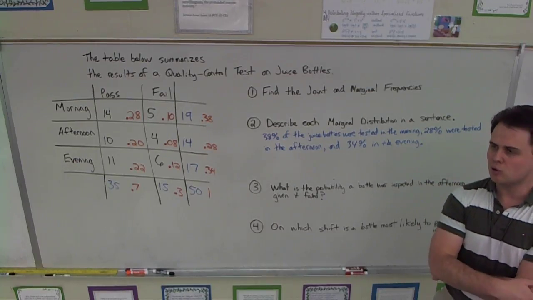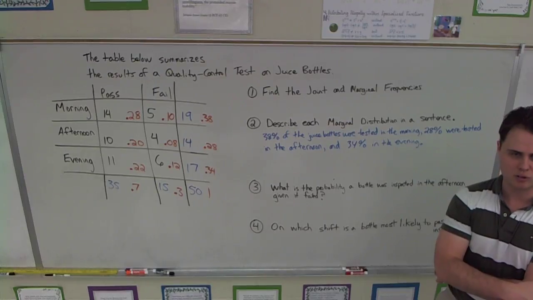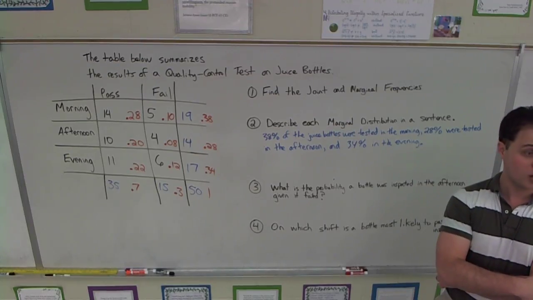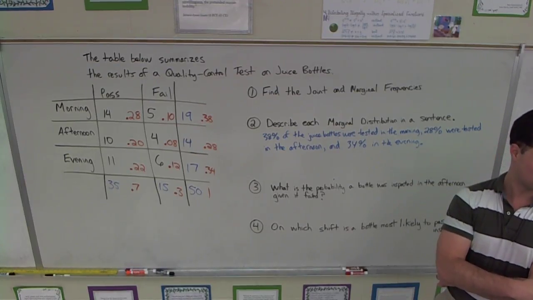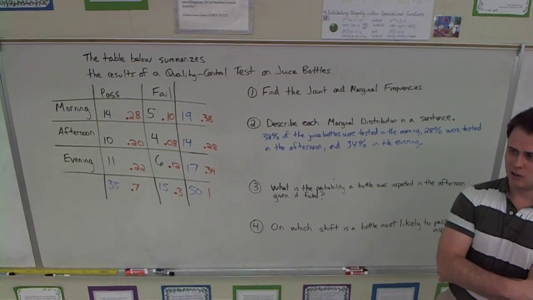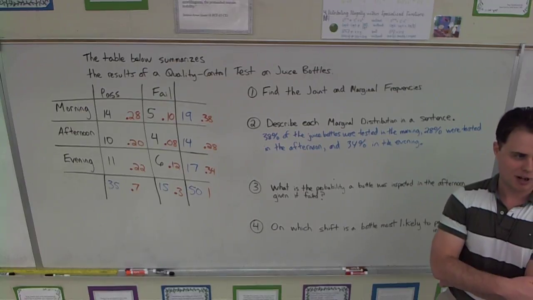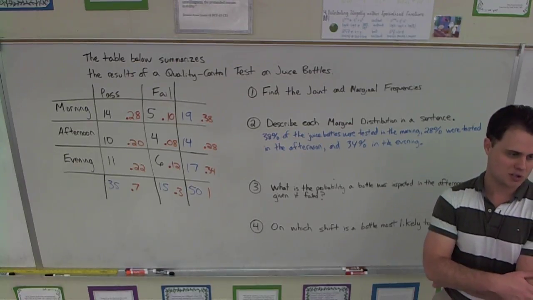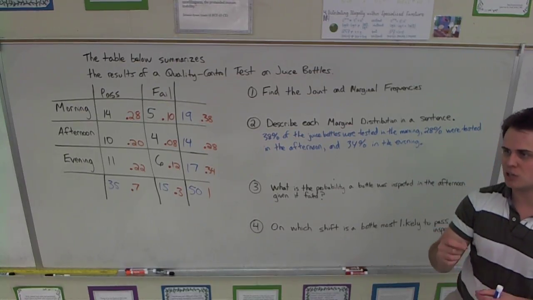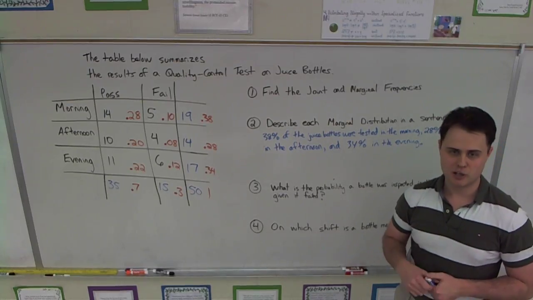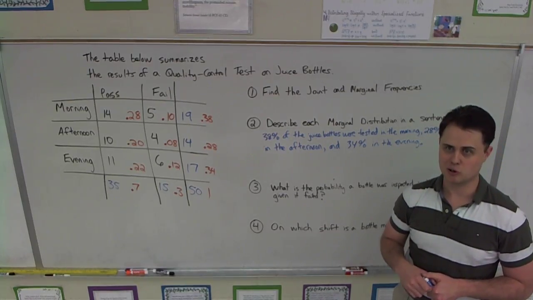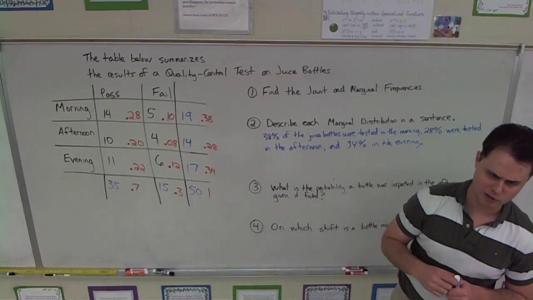Why? If you're the owner of this bottling factory, are you worried or are you not worried? I'd be pretty worried if 30% of my bottles are failing whatever test I'm subjecting them to, whether it's just a pH test or whether it's some kind of more concerning test like, are there flies in those bottles?